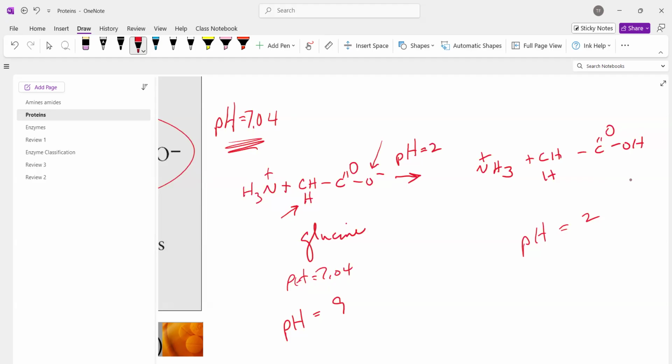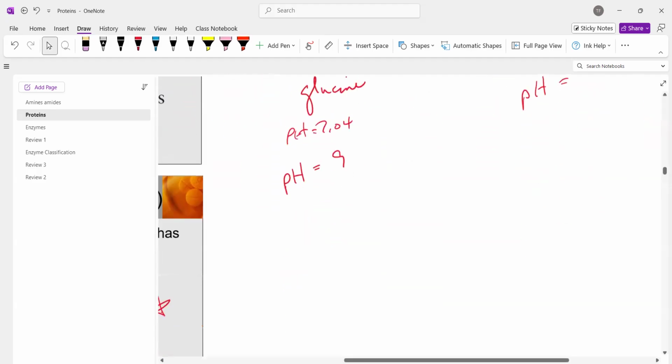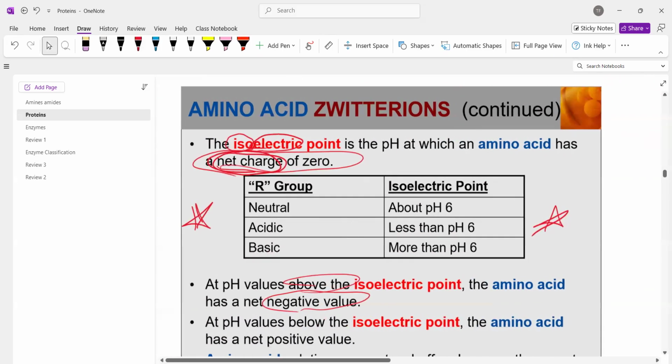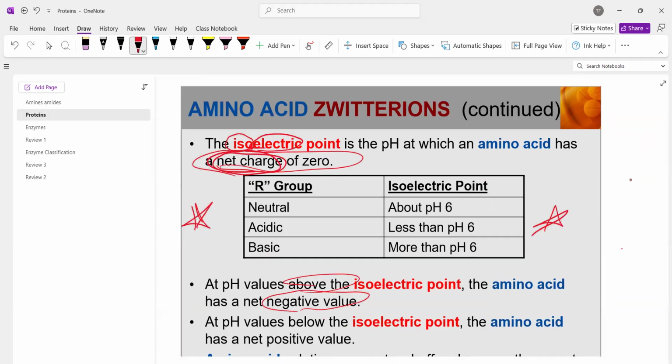When we modify the pH of the environment that the amino acid is in, so that the net charge balances out the acidic R groups and the basic R groups, and the net charge is 0, then we've reached the isoelectric point.